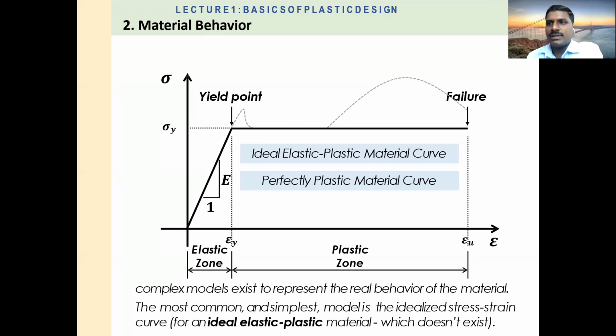So again internet connection has disturbed. Okay, so now this is again elastic zone and plastic zone. In this ideal elastoplastic curve is there. This is the ideal elastoplastic curve, and this curve we are using for analyzing the steel structure now by using the limit state method.